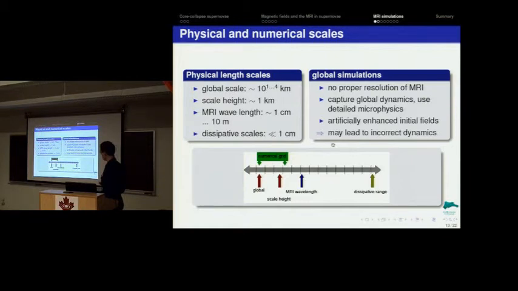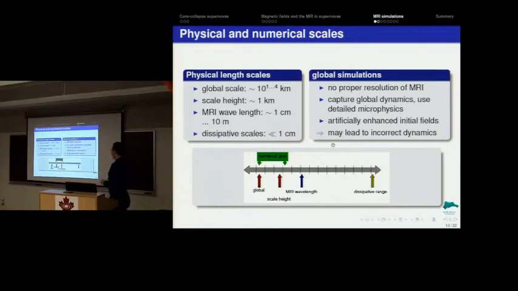Consequently, you can try to shift this MRI wavelength into a regime where you can resolve it, as this depends on the initial field. This means increasing the initial field by several orders of magnitude, which is unrealistic, but at least then you can see the growth of those modes.